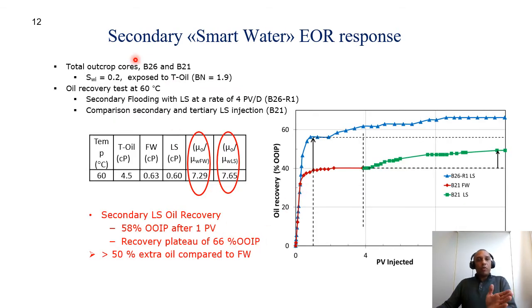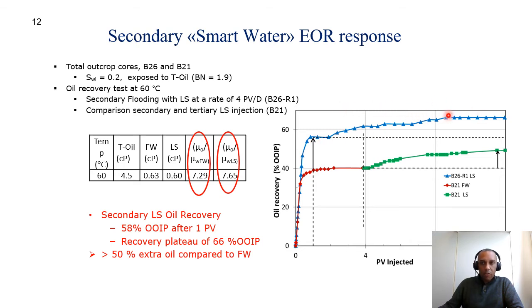Then we thought an important way to accelerate the process could be to test these low salinity brines in secondary mode. So instead of doing the flooding in tertiary mode, we injected the low salinity brine straight away. And we observed a dramatic increase in oil recovery. We increased not only the speed, but also the ultimate oil recovery.